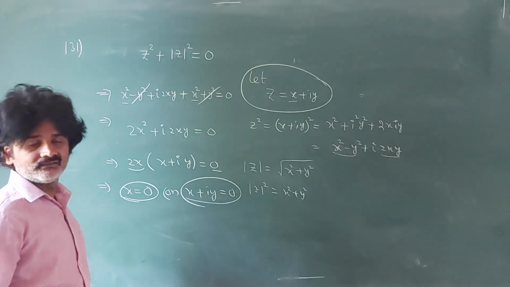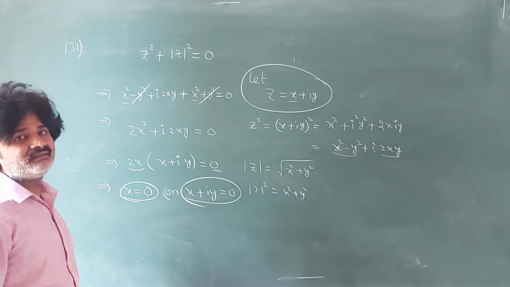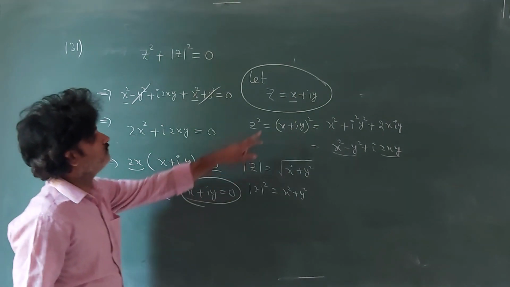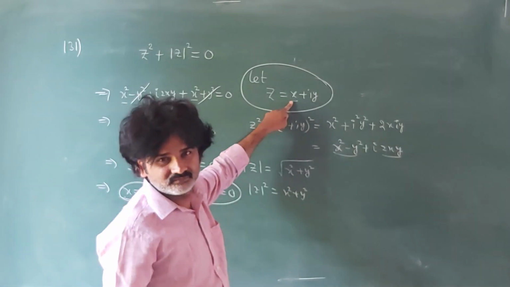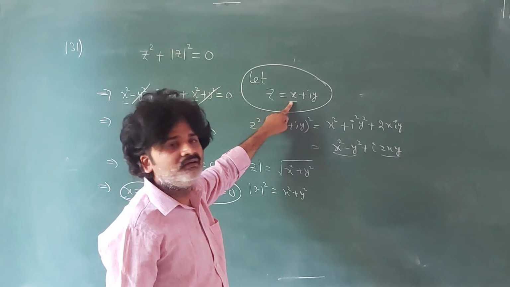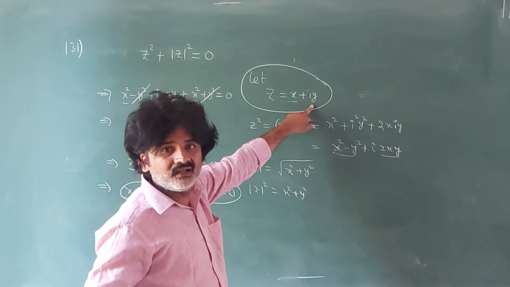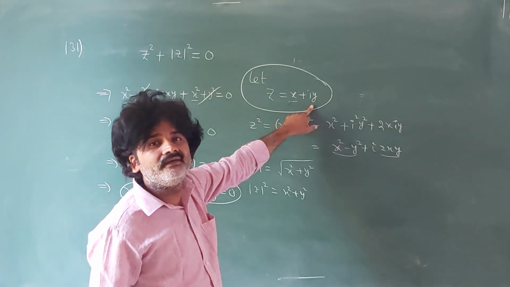So either x is 0 or z is 0. Then how many complex numbers will be there such that x is 0? Take x value as 0. Then what about y? Y is any real number. Then how many numbers will lie?